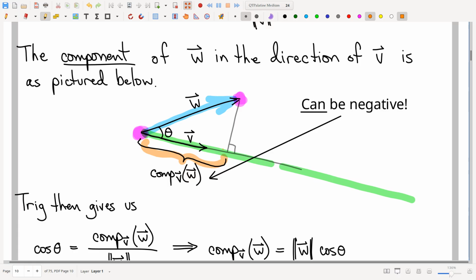But does everybody understand the picture? Okay. By the way, keep in mind, sometimes you're sacked for a loss, right? The component can be negative. The component should be able to be negative, right? A loss of 10 yards is not the same as a gain of 10 yards, right?